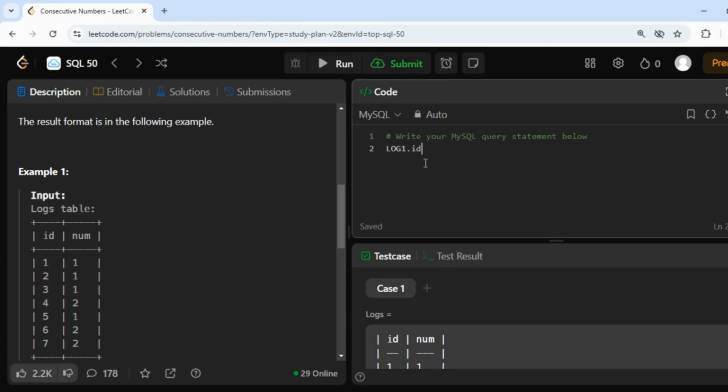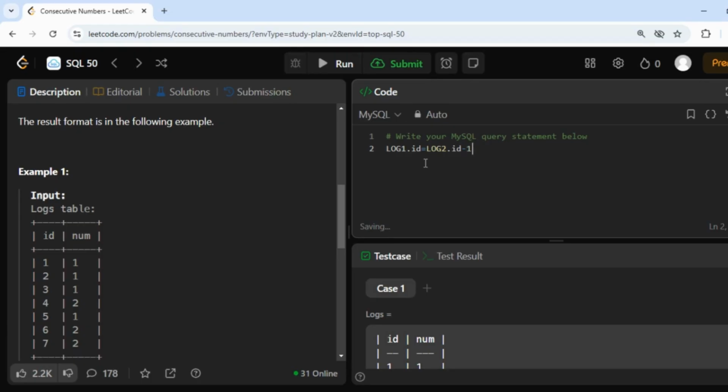Now consider log1 ID equal to log2 ID minus 1.